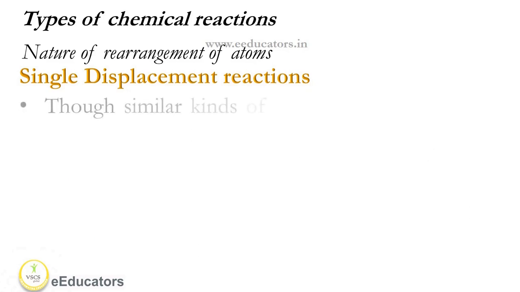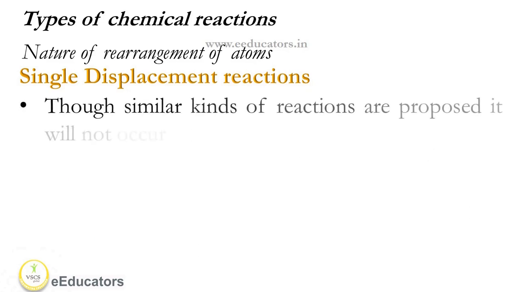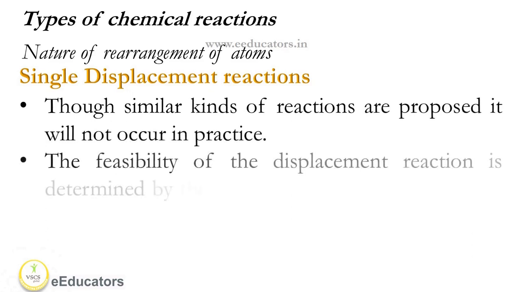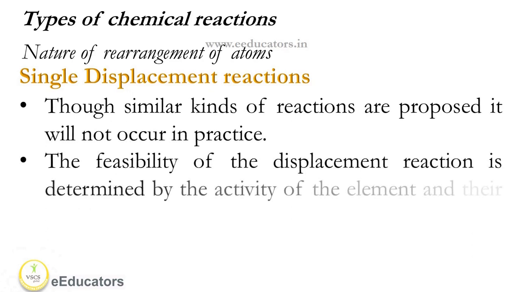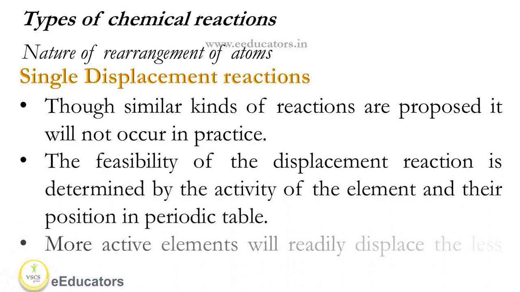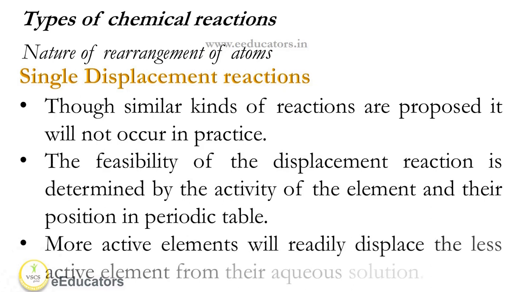Though similar kinds of reactions may be proposed, they will not occur in practice. The feasibility of the displacement reaction is determined by the activity of the elements and their position in the periodic table. More active elements will readily displace the less active element from its aqueous solution. Let us consider the two reactions shown below.